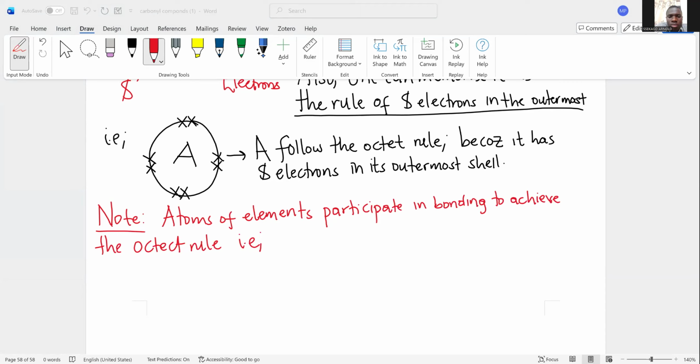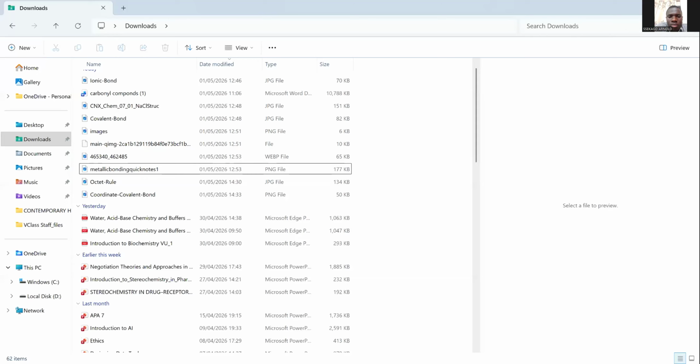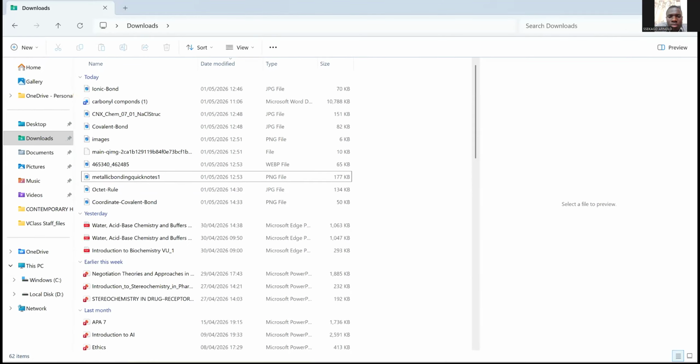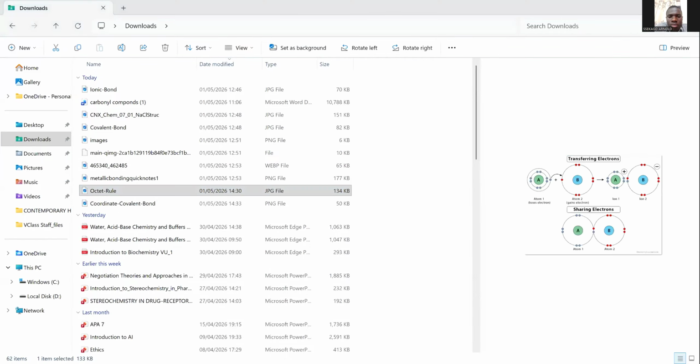Where is it? It is here. Make this illustration. It is not visible.